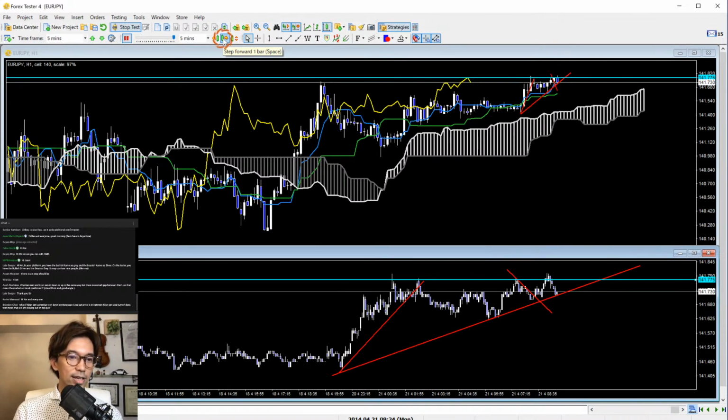What if Kijun-sen is up, Tenkan-sen is down, Senkou span A is up, but the price is in between Kijun-sen and Kumo? Does that mean that we are staying out of this pair? The question is, how is the Senkou span B?